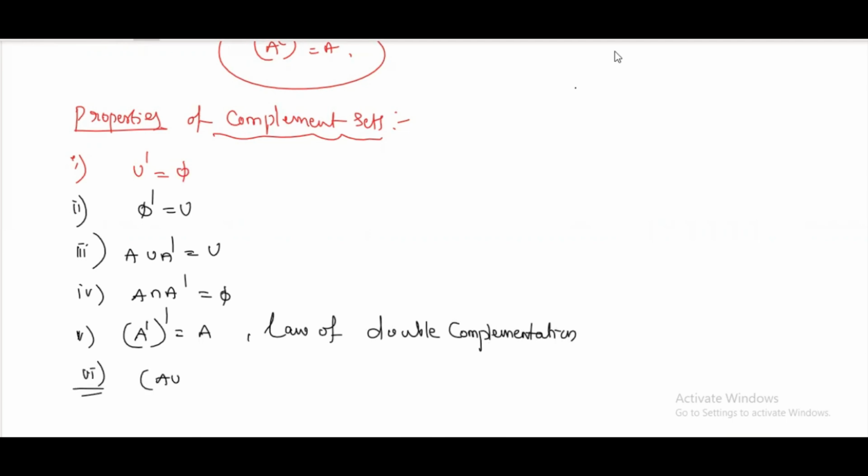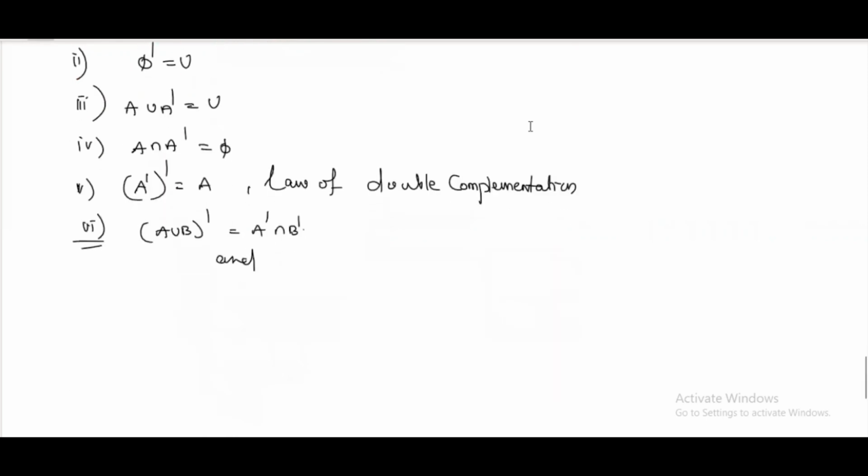Next, A union B whole complement can be written as A complement intersection B complement. And the reverse also we can write: A intersection B whole complement is A complement union B complement. So this is called De Morgan's law. So these are the different properties of complement of a set.